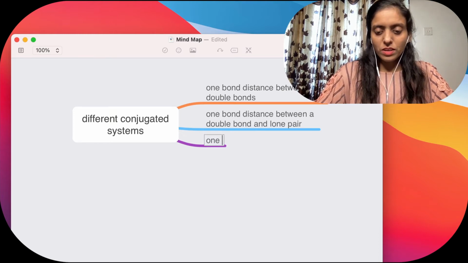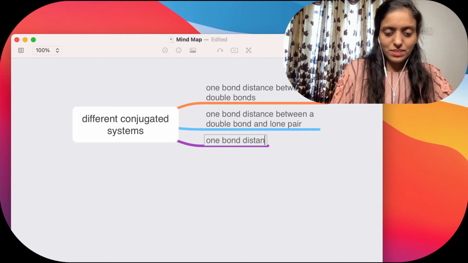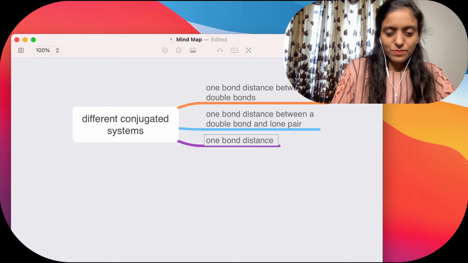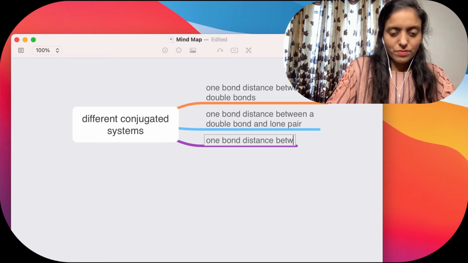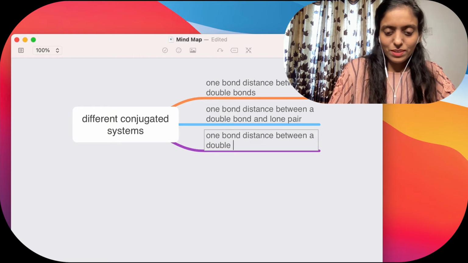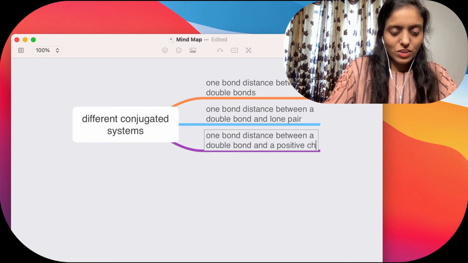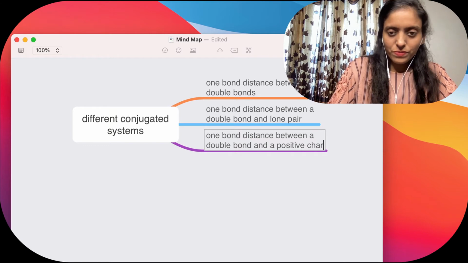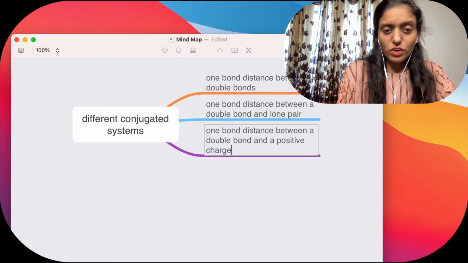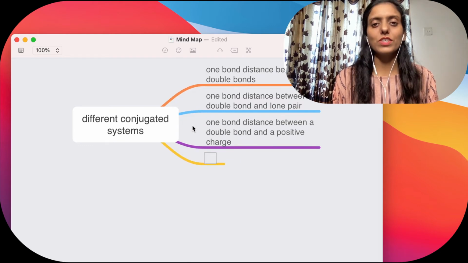So, one bond distance between a double bond and a positive charge. Very simple to recognize, okay? It is not tough, you just have to look for these 5 things and you will be able to recognize a conjugated system.